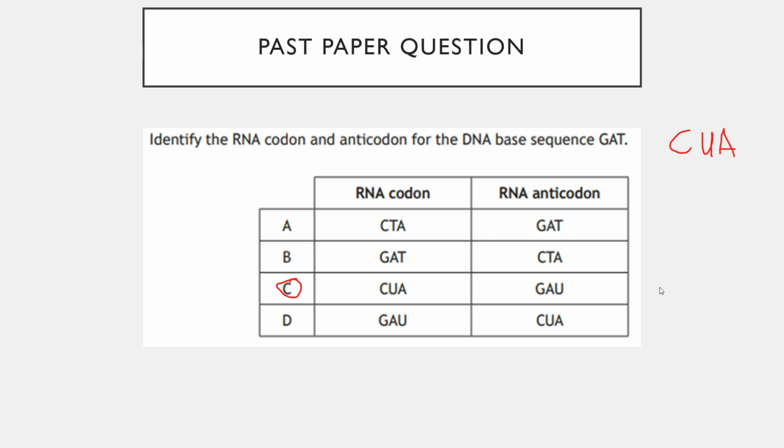And we can confirm by thinking about, okay, if that's a codon, then what must be on the tRNA molecule that would bind? If there's a C on the codon, that means you would find a G in the anticodon, a U would be an A. Okay, so it has to be C. It's the only one that works out.